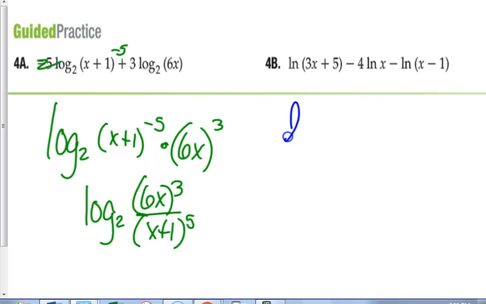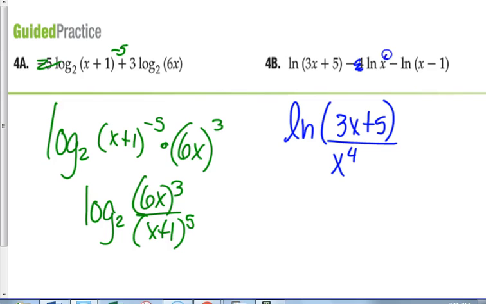What about this one? Are we skipping too many steps for some of you when we make it x to the fourth? We move it up there. Okay? Minus means divide.